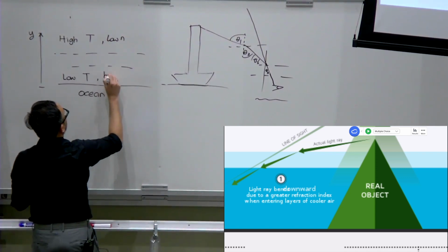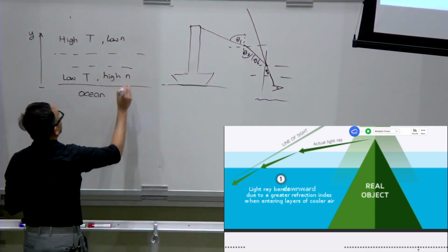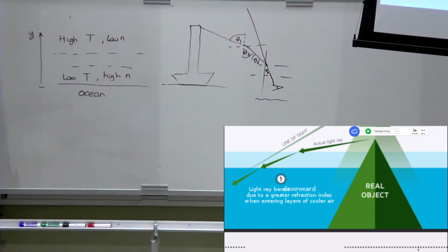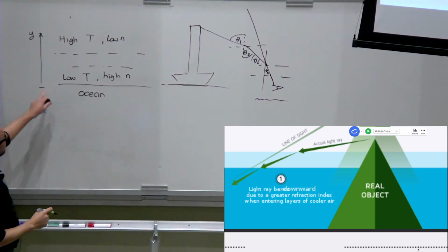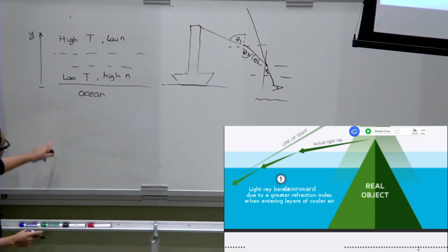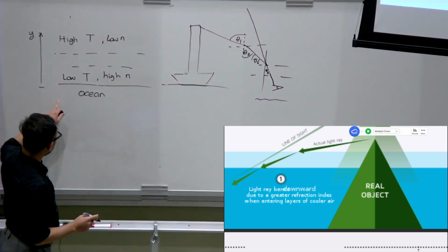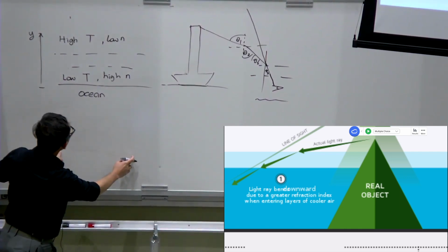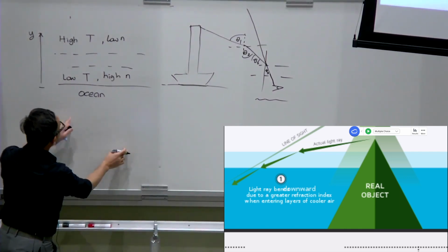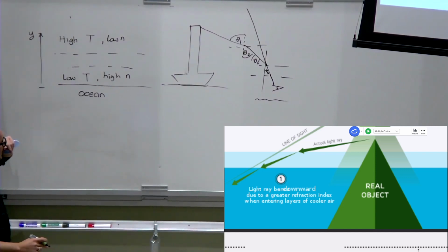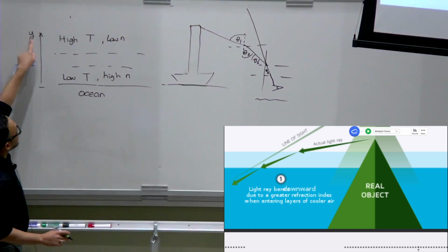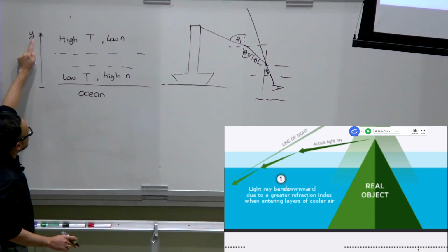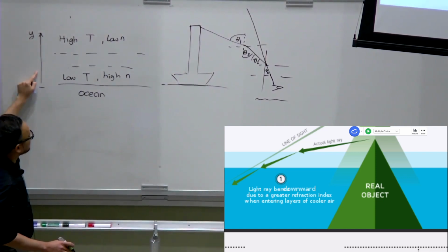This is high N. High temperature. Yeah, so my plot was reversed. So the light travels from a layer with low refractive index to a layer with high refractive index.